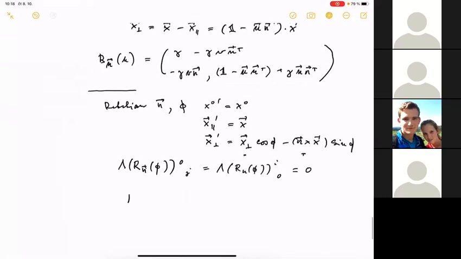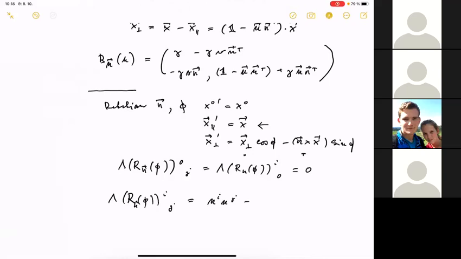What is interesting is the component with space indices i, j, and here we get either the projection operator to the direction parallel to the axis. This is this one, and this doesn't change.